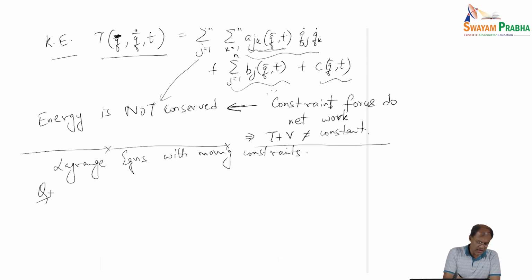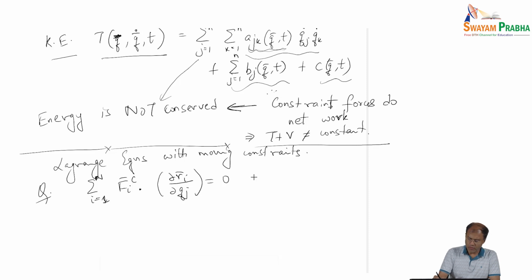So the question we are asking is, is this sum from i equal 1 to n, Fi of c dot partial Ri partial Qj equal to 0 true? Is this true? Then the answer is yes.